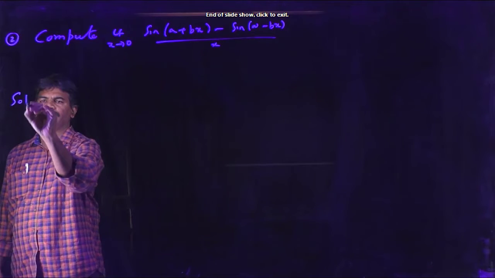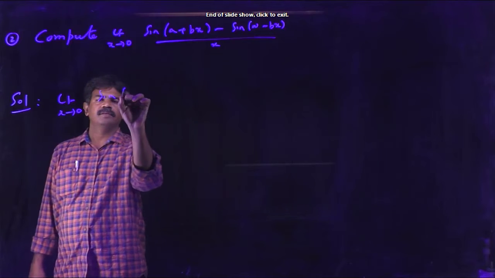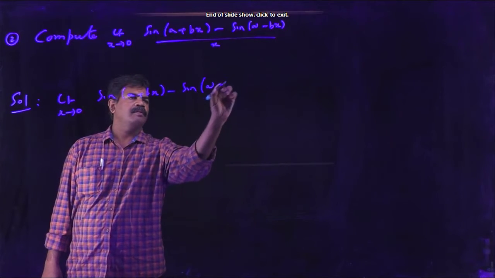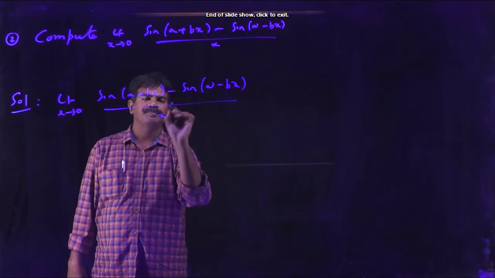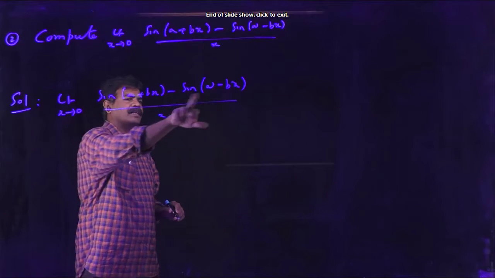Limit x tends to 0, sin of a plus bx minus sin of a minus bx by x. It is in the form of sin of a plus b minus sin of a minus b.